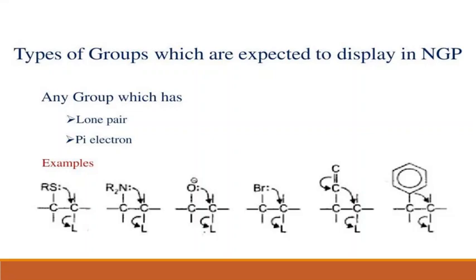Next, you can see this is a dialkyl amine group, where nitrogen has a lone pair of electrons and also it can act as a neighboring group.